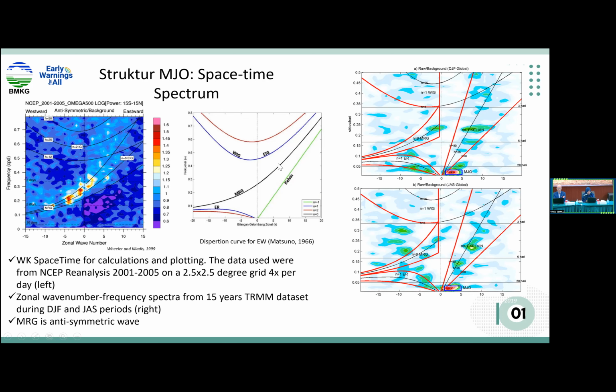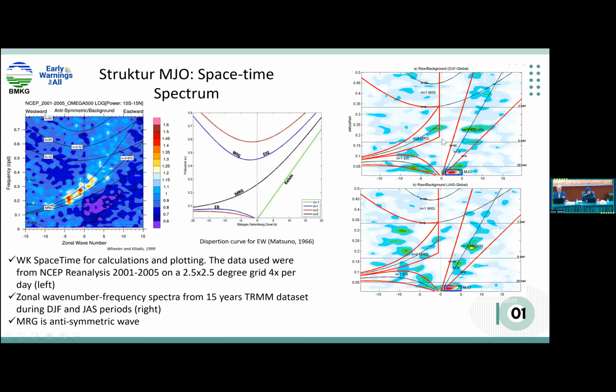The eastward line for mode 0, or N0, is for eastward inertia gravity. We have to take a look that the MRG is in this region, the westward black line region.